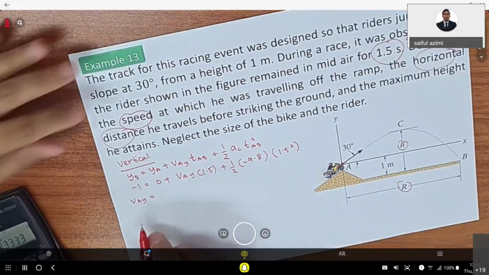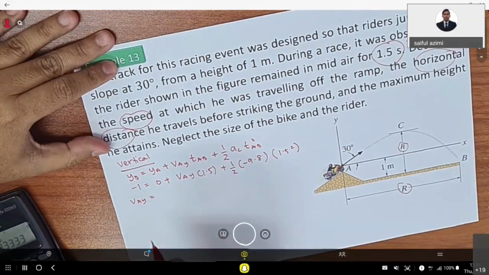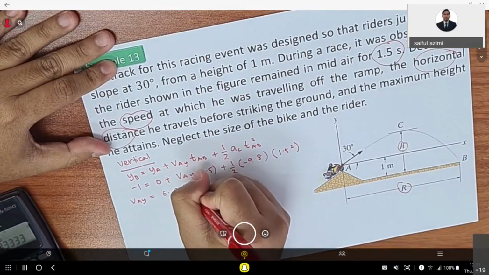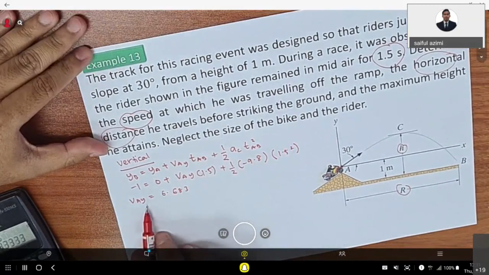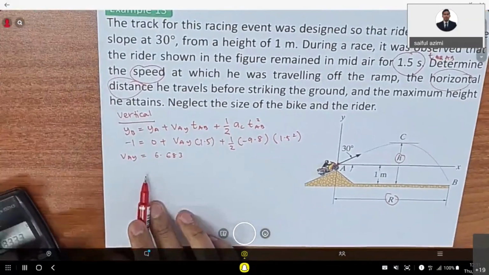Okay, you will get VAY equals 6.683. Okay, this is your VAY, right?